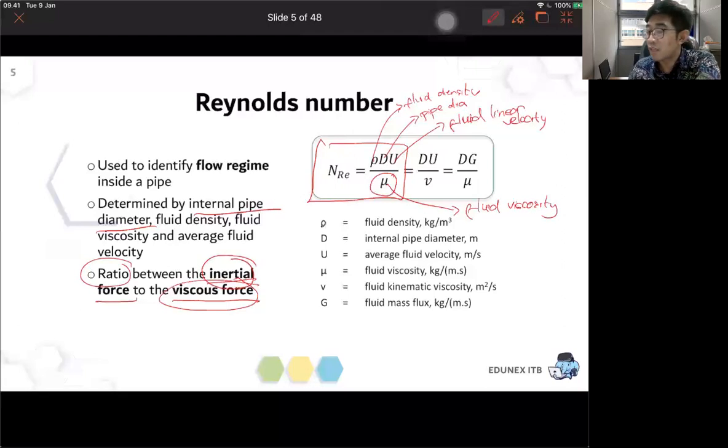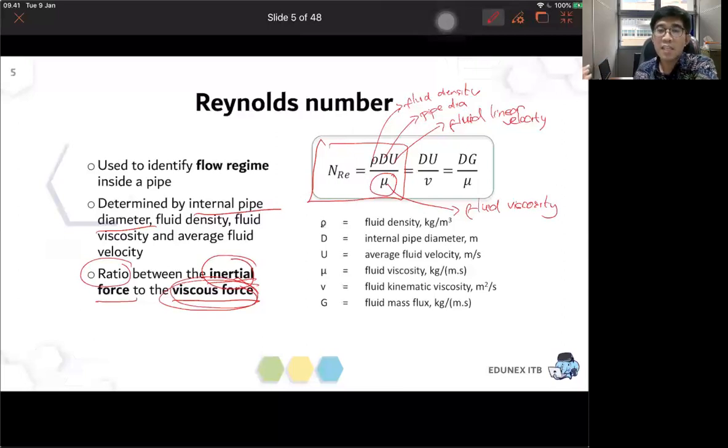That quantifies the viscous force. So it is the ratio. So in the Reynolds number, you actually quantify the ratio. Quantifying the ratio means you compare which one is higher, which one is more significant. If the inertial force is less significant than the viscous force, right?